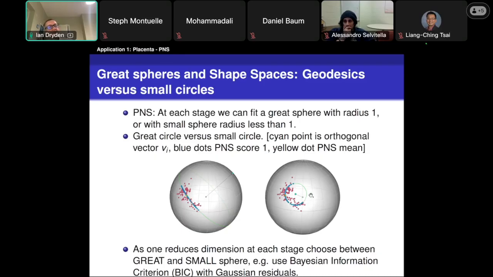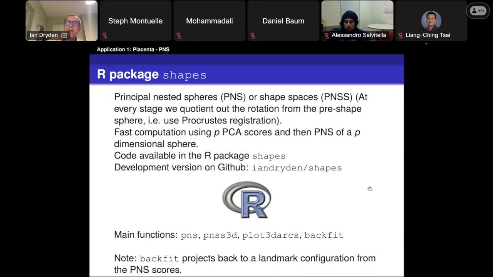So there's an alternative to PCA, which looks at, instead of linear dimensions, circular ones. And when you have the great circle, they're not so different from PCA, but when you have the small circles, they can be quite different. And there are various methods for fitting this PNS.